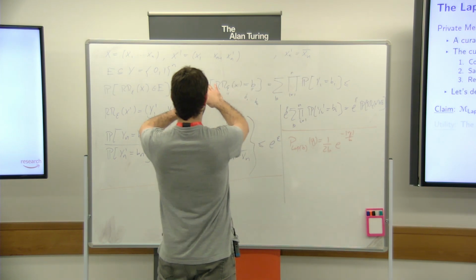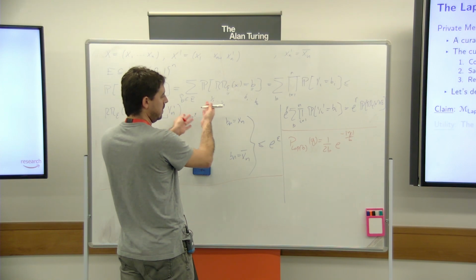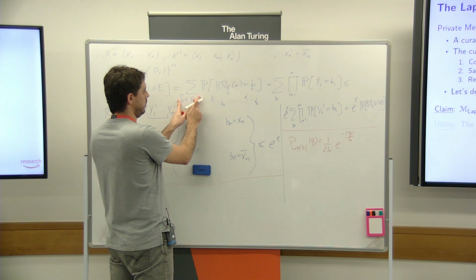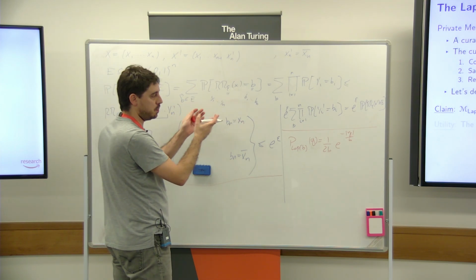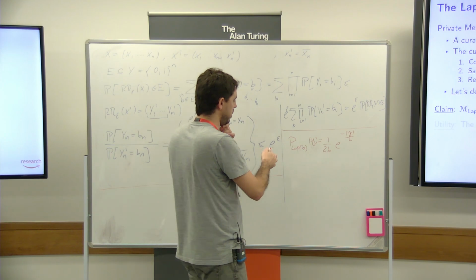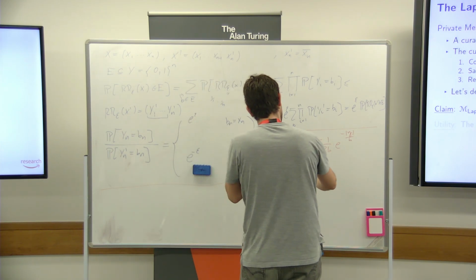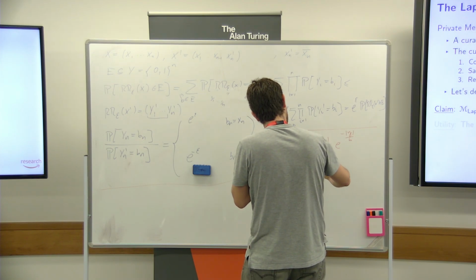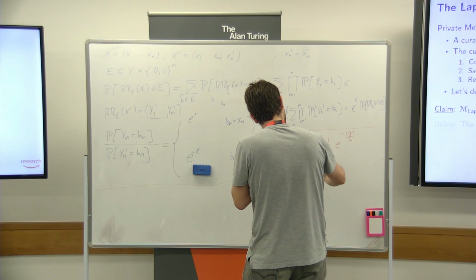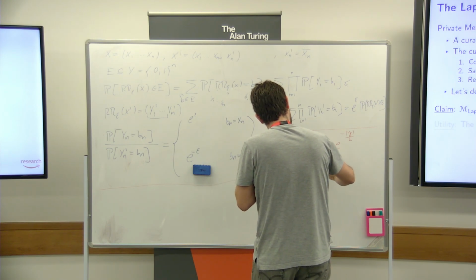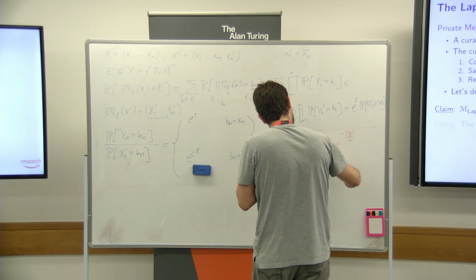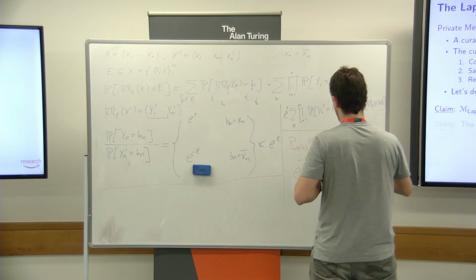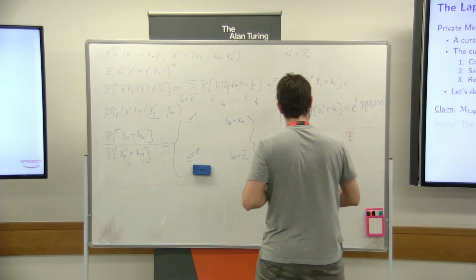So if you do all this story again, with the difference that instead of summations you now have an integral because your output space is continuous, you'll see that all this boils down to computing this quotient, which is y minus the average of the xi's divided by b, and the parameter b is 1 over epsilon n, so I have an epsilon n here.